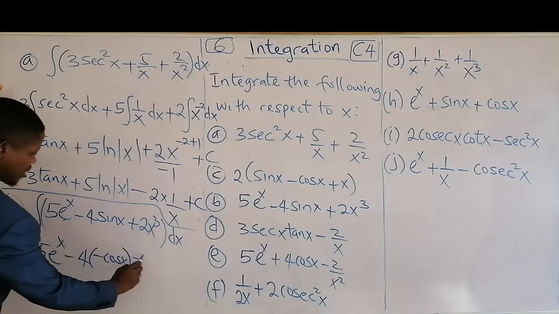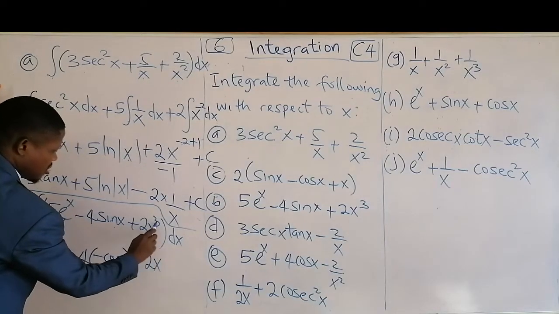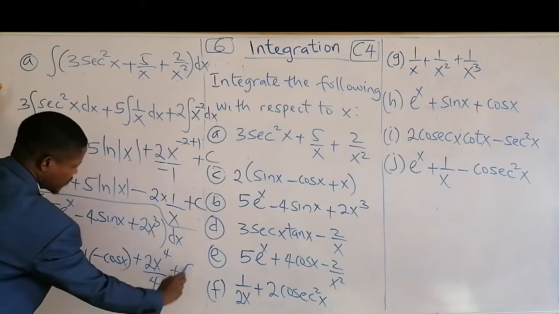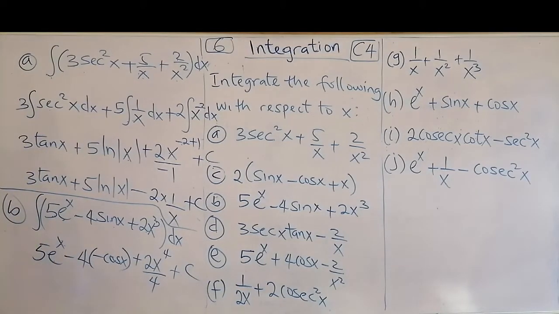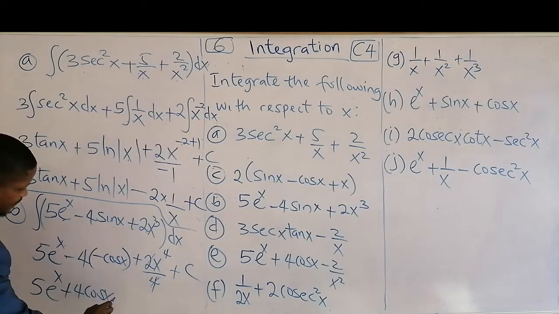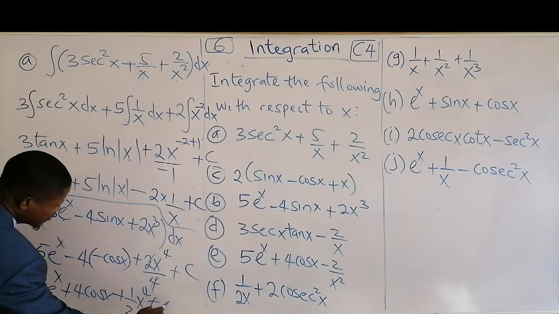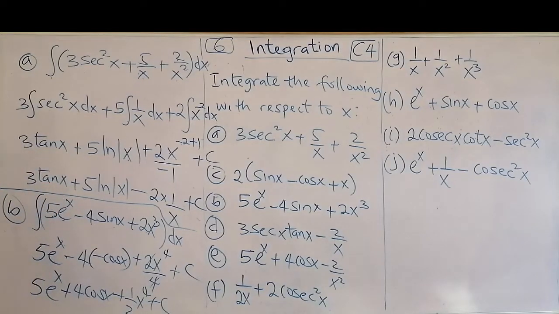And this one will be plus 2x, this 3 plus 1, that's 4 over 4, plus C. So we now have 5 e to the x, minus times minus, that's a plus 4 cos x, and then 2 over 4, that's a plus 1 over 2 x to the power 4, plus C. So that finished the b part.